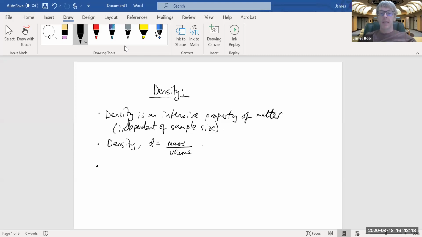Because density is an intensive property, density is a constant.